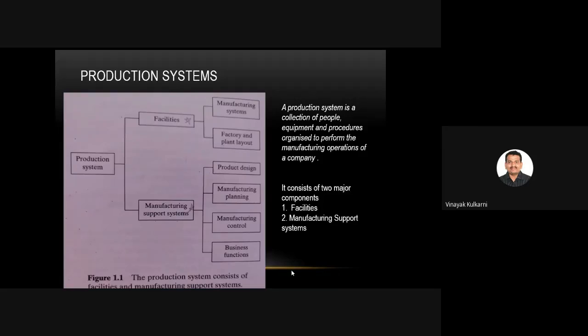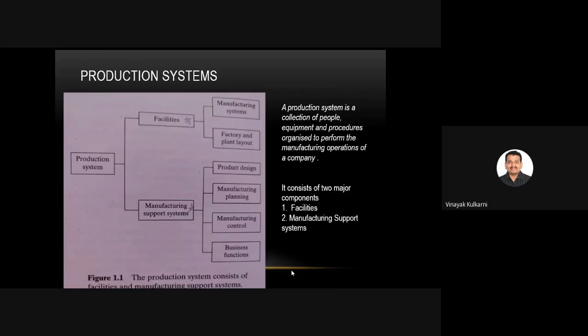Manufacturing support systems are the procedures used by the company to manage production and to solve the technical and logistics problems encountered in ordering materials, moving the work through the factory, and ensuring that the product meets the quality standards.